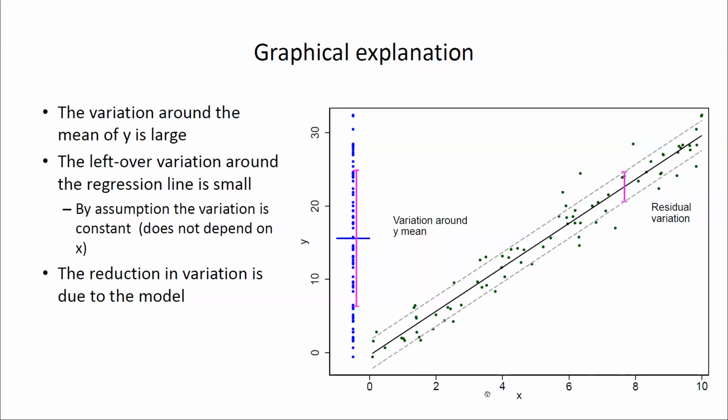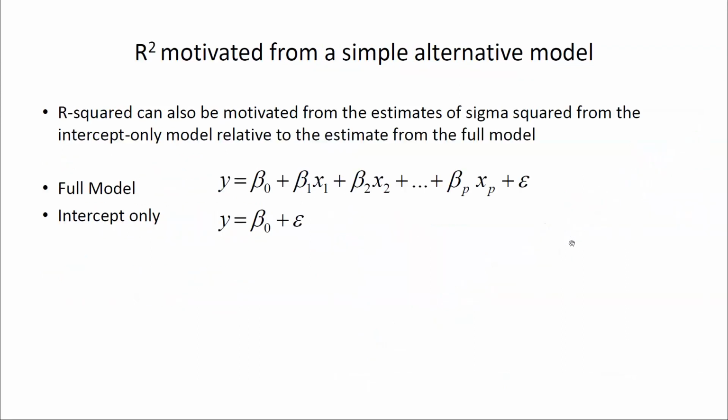Regardless of which x value I am at, the variation in terms of one standard error above and one standard error below is constant. That's by assumption. A linear regression assumes a constant variance, constant with respect to changing values in x. All right.